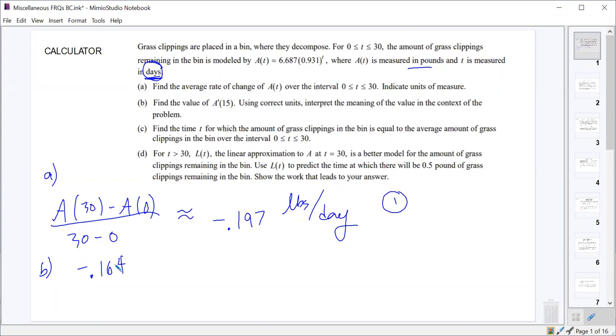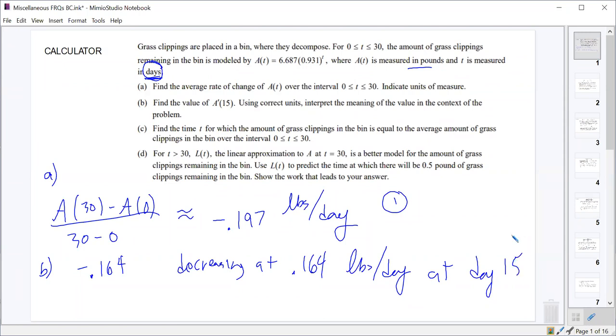So we would say something to the effect of that it's decreasing at 0.164 pounds per day at day 15. Yeah. So we'd say, we probably might include, amount of grass clippings.